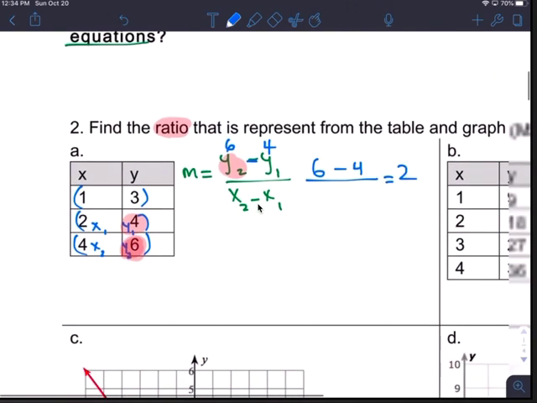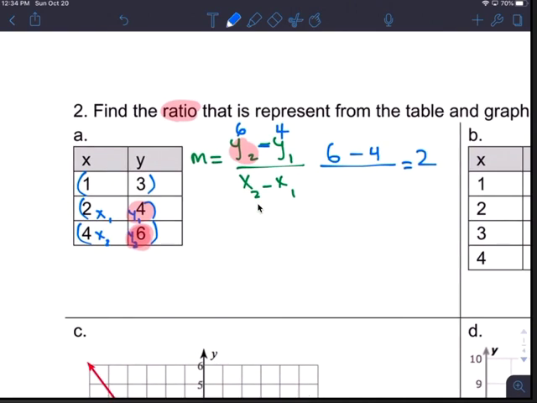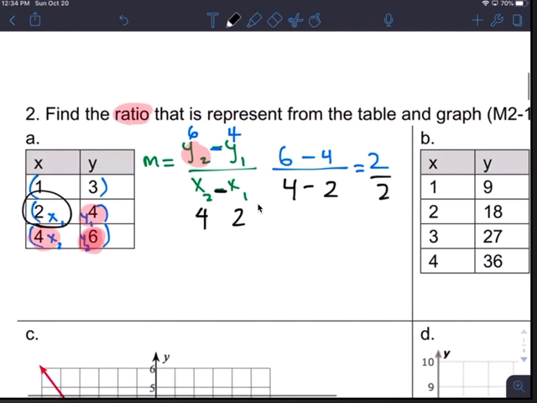Okay, and then you do your x. X sub 2 is 4, and x sub 1 is 2. So you get 4 minus 2. You get 2, and 2 over 2 is 1 whole, or 1 over 1, or just 1 whole.